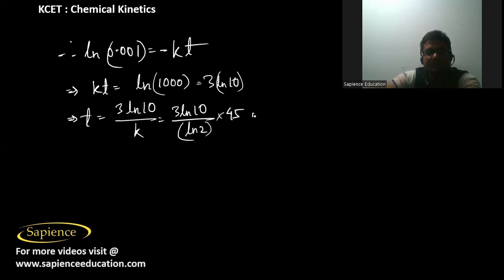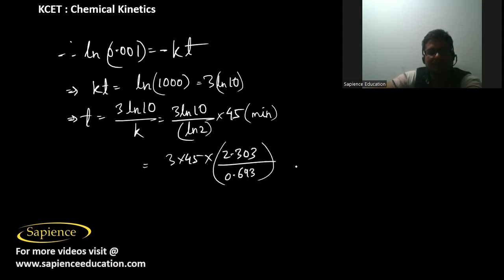So this much minutes. Now we have 3 into 45 into ln 10, which is 2.303, divided by ln 2, which is 0.693. So this we have to solve and find out.